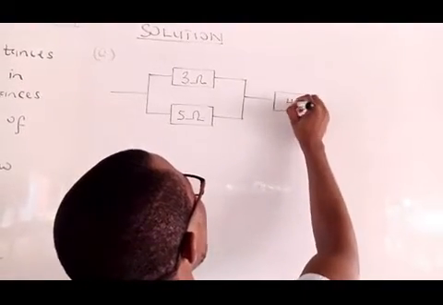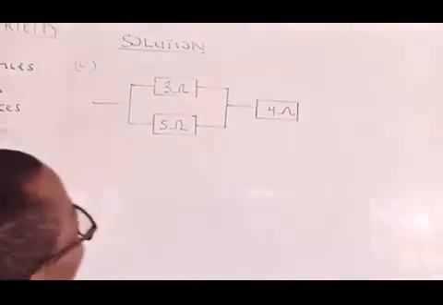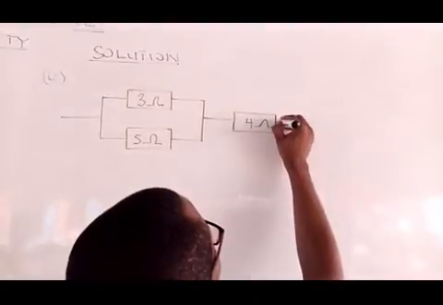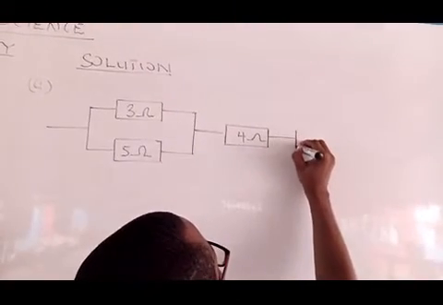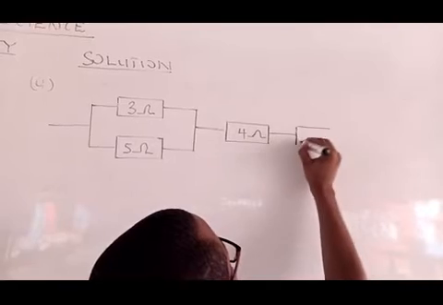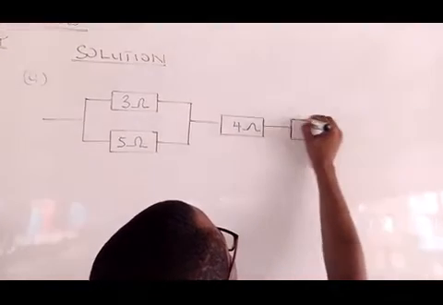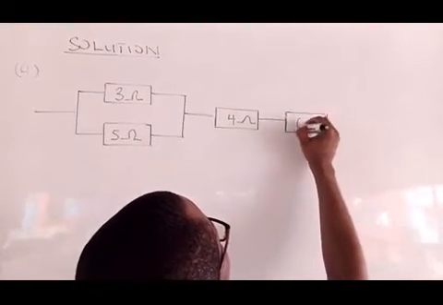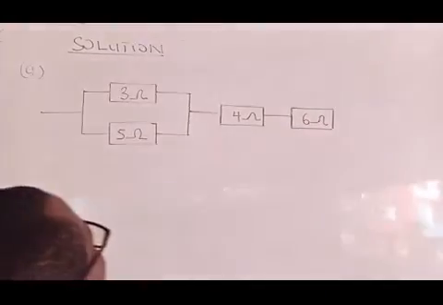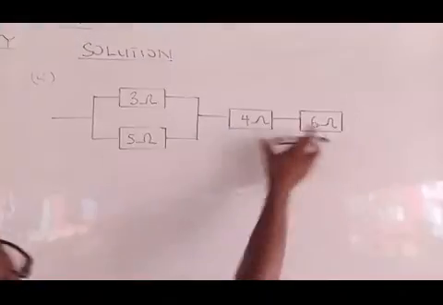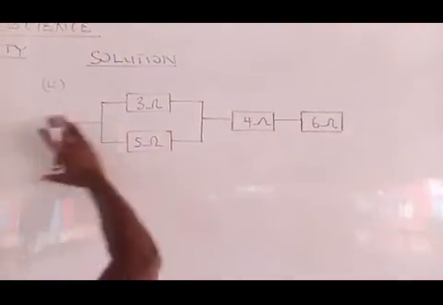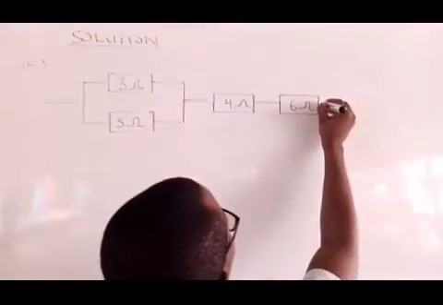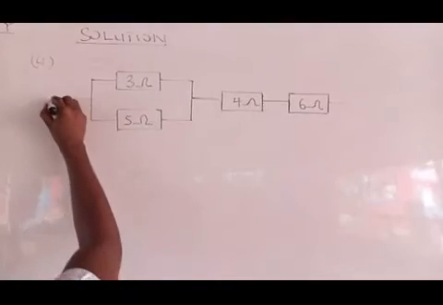So you have the 4 ohm resistor, and then have the 6 ohm resistor. It doesn't matter, you can decide to even bring one of these here. So your 4 ohm can be here and the 6 can be here, or even both can be on the same side. It doesn't matter. And then you have the battery.